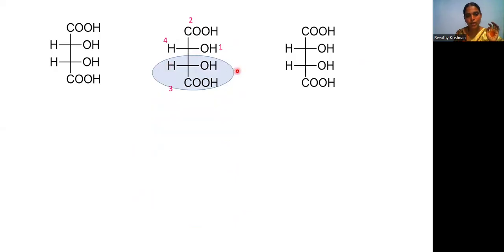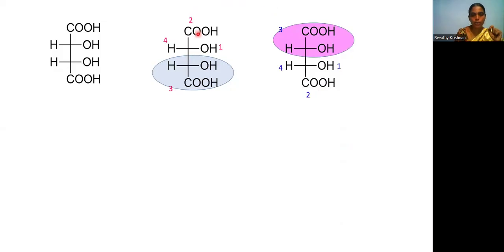As such, we assign priorities. For this chiral carbon, and for this spotted chiral carbon, the priorities are assigned and highlighted in blue color.